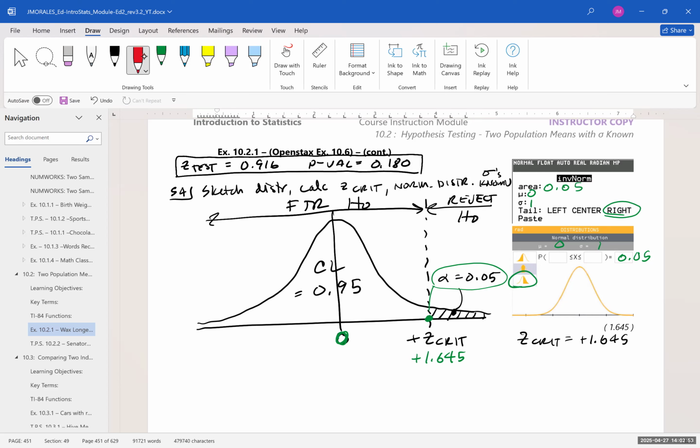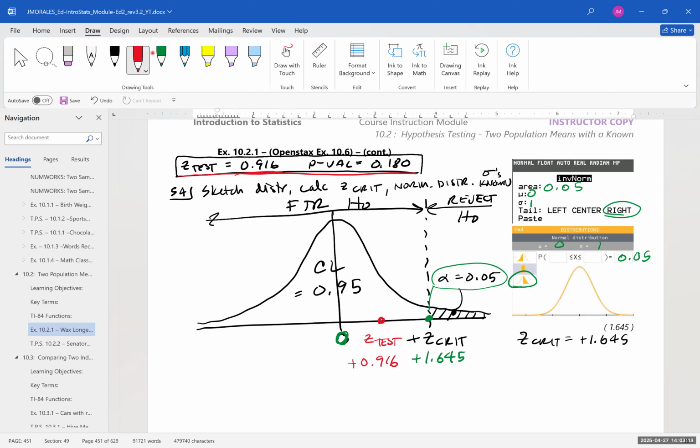All right. Now let's see where our test statistic and p-value are by comparison. So a test statistic of positive 0.9 is going to be less than positive 1.6. So we're dealing with a z-test statistic of 0.916.